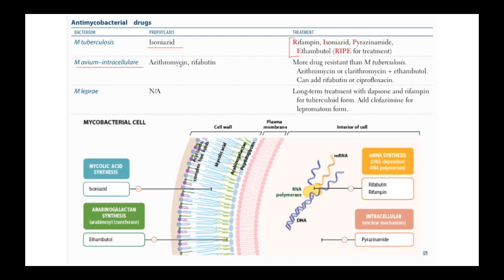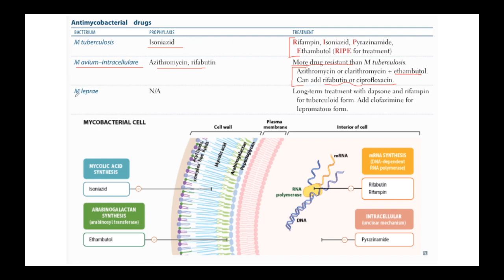And for MAI, you have azithro and rifabutin for prophylaxis, and azithro or clarithro plus ethambutol. You can also add rifabutin or ciprofloxacin for treatment. It's a little more drug resistant, so it requires a little extra oomph.